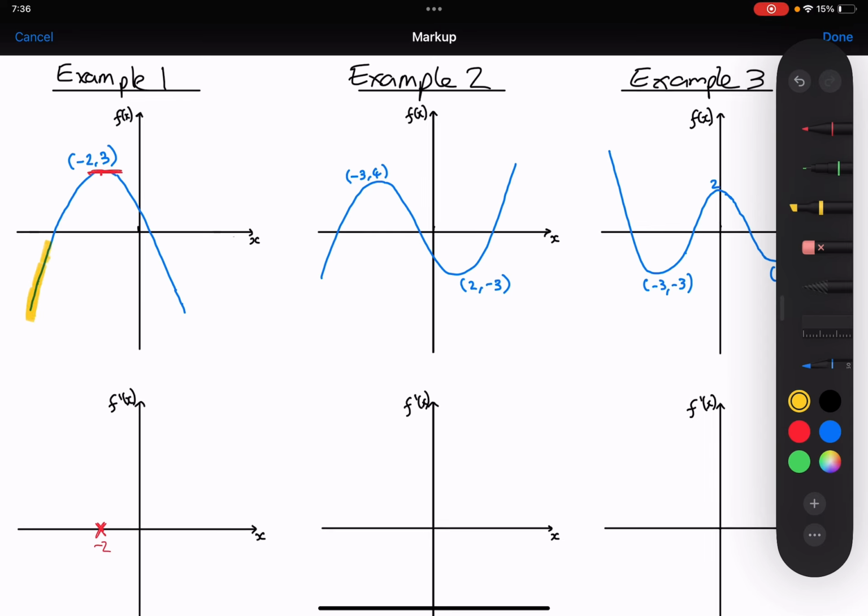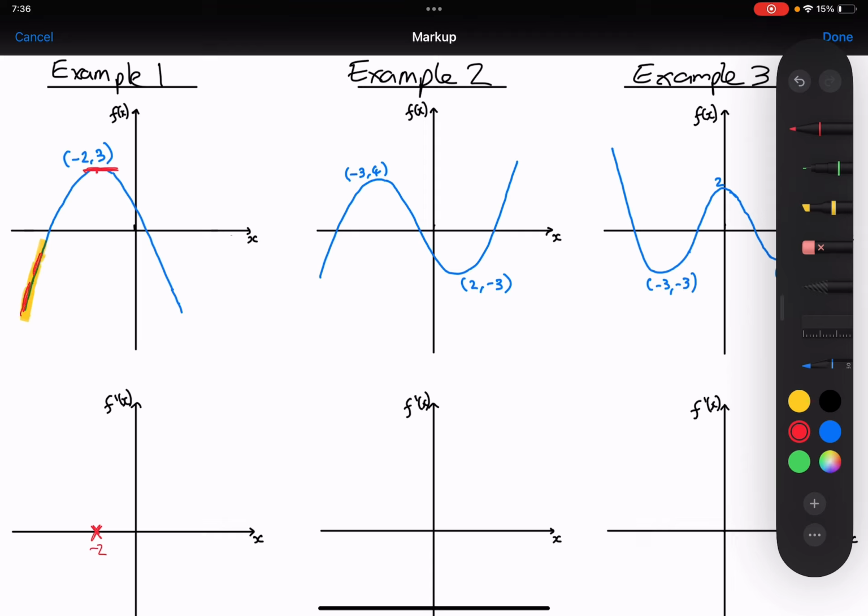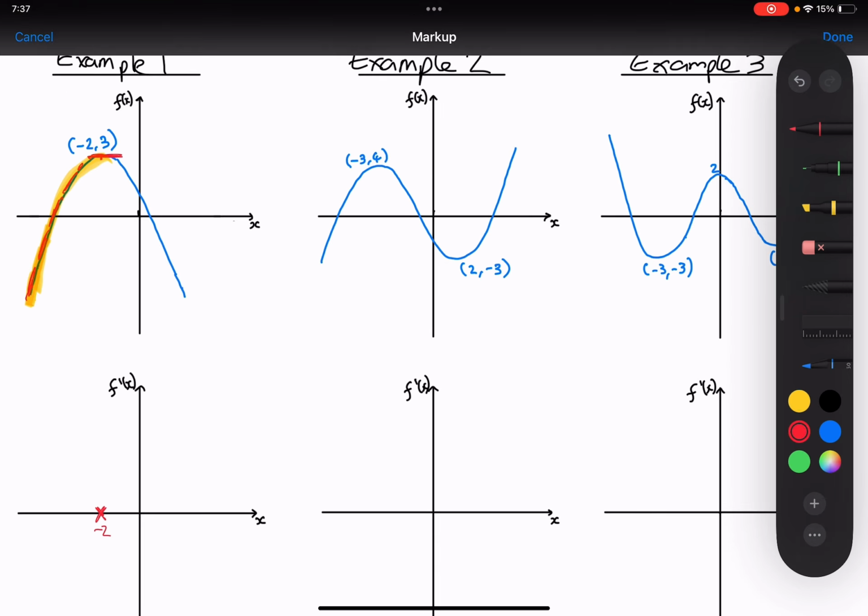The tangent is getting less positive though as we go on. It's getting less steep. So the gradient's becoming less positive, but it is still positive for all of those values to the left. So when I'm drawing my gradient function, it is positive, but it's going down. So it's positive for all of these values here.